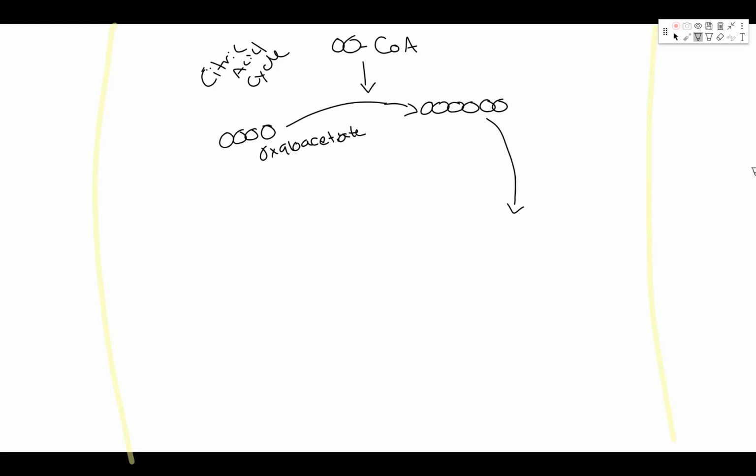We're going to take an NAD plus, and we're going to get an NADH, and we're going to lose a carbon dioxide. So now we have 5 carbons, so 2 carbons, 4 carbons, 6 carbons, 5 carbons.